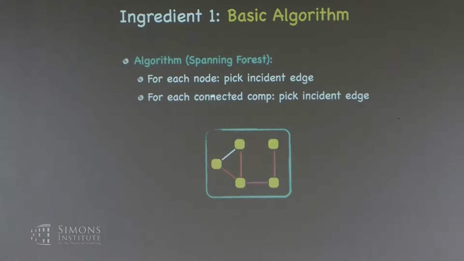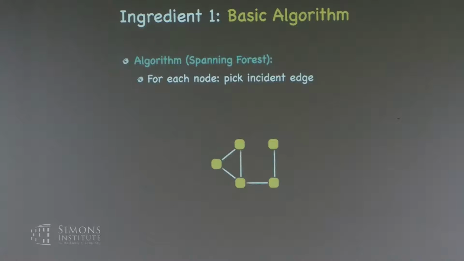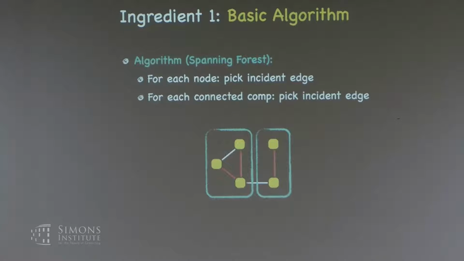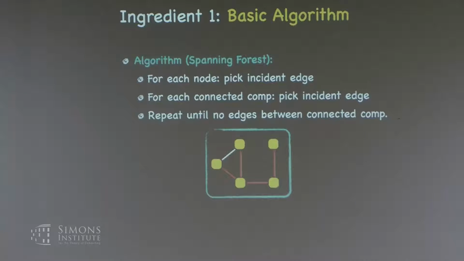And then for each connected component, I pick a random incident edge. In this case, the graph is sufficiently small that each of these connected components has only one outgoing edge. So if I pick that, I've got one big connected component, and the selected edges that I've picked across all the rounds connect the entire graph.